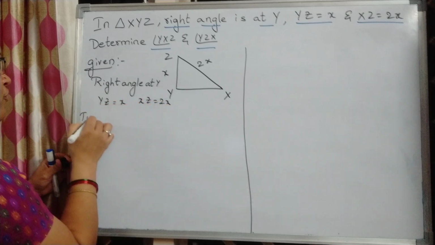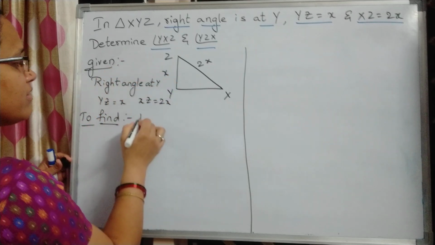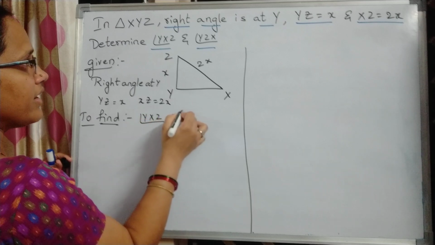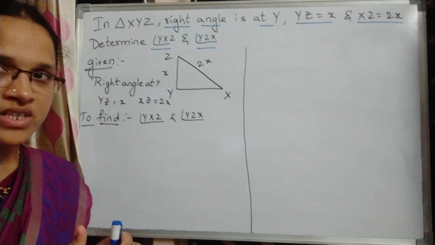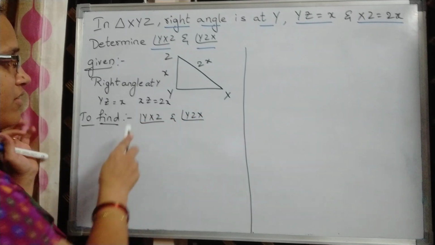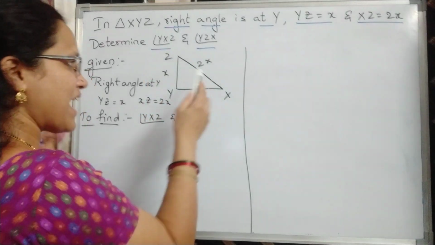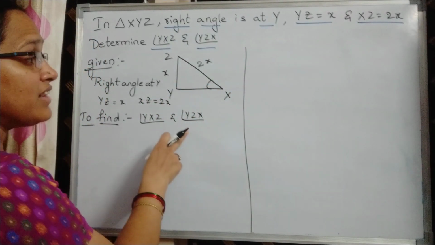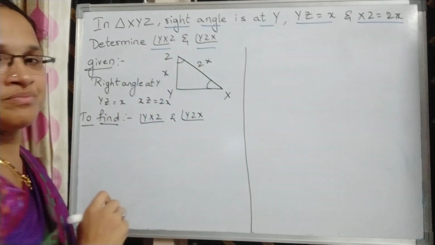What do we need to find here? Yes, we need to find the angles YXZ and YZX. So once again, we need to find YZX and YXZ, that means this angle and the other angle, this one.